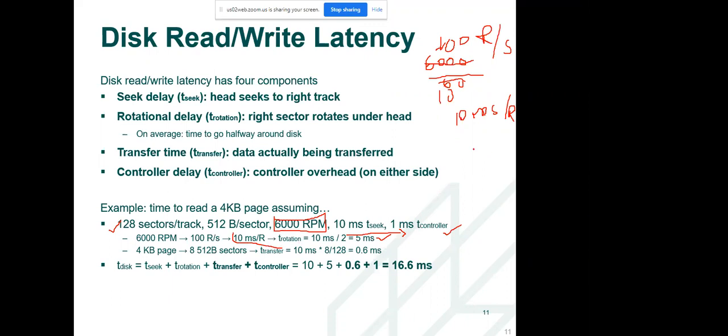Then for rotation, on average it is the time to go halfway around the disk. So if that is the T rotation, rotation means time to go halfway around the disk. Halfway is between this distance to this distance. This point is half time.